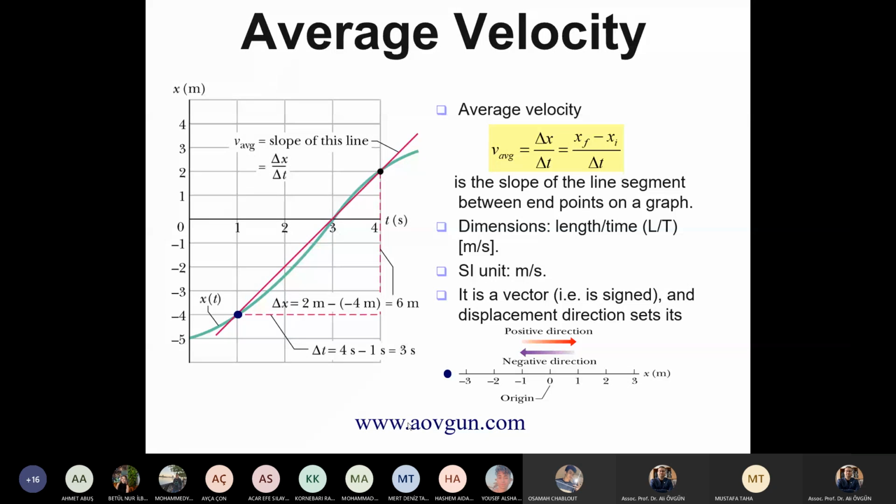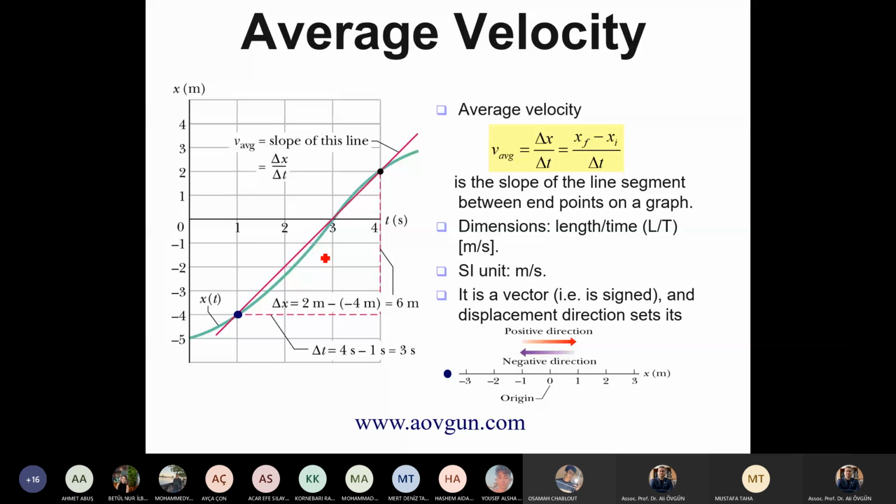So also you can calculate average velocity from the x position time graph. This is a position time graph. When you calculate the slope of the line segment between endpoints on a graph, you will find the average velocity. So the slope of this plot gives you delta x over delta t, and this is the average velocity.